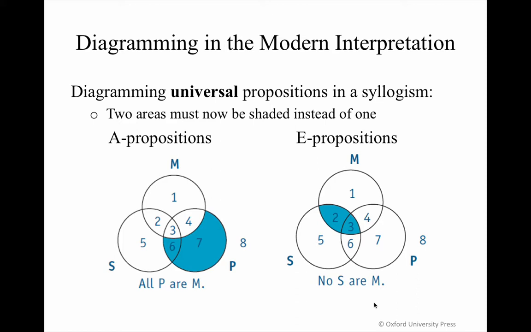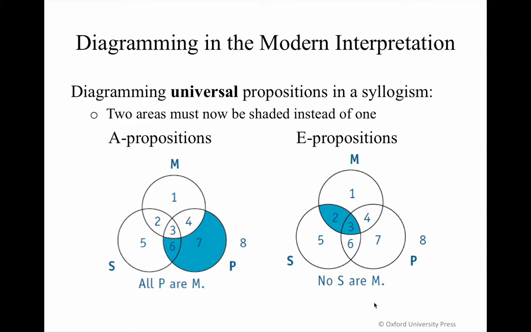The reason why will become clear later. Suffice it to say, you want to eliminate those areas that can't have any X in them. So if you get those dealt with first, you won't need to go back into them later if you inadvertently diagrammed an X where in fact there can't be any X. So diagram your universals first.